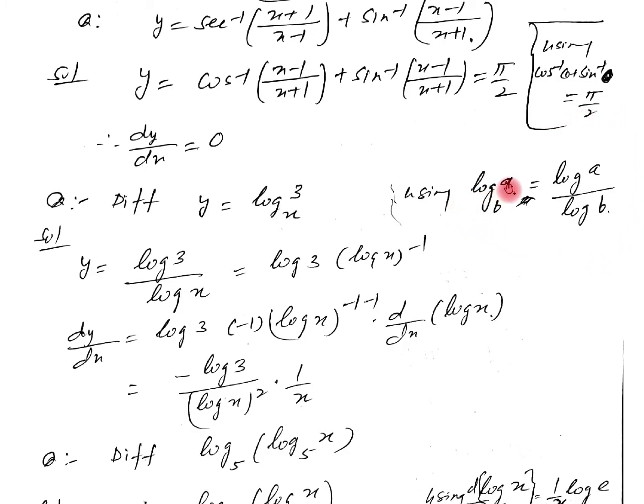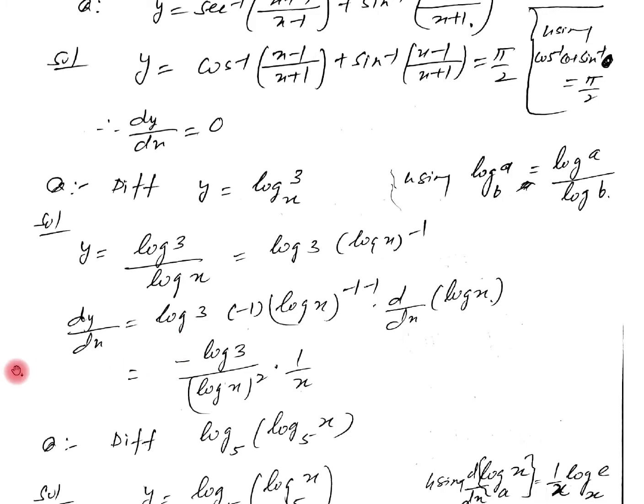See it again, log of a with the base b is equal to log of a upon log of b. Using this result here, y can be written as log of 3 upon log of x. Now log of 3 is a constant quantity, we can keep it as it is, and 1 upon log of x can be written as log of x raised to power minus 1.